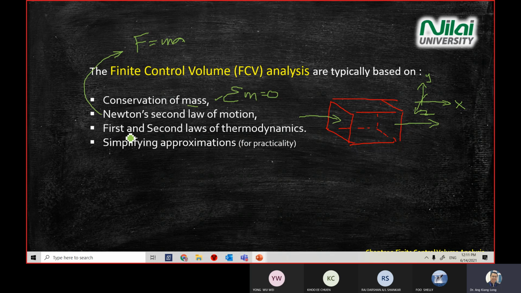And then the third approach, we're going to use the thermodynamics law that you learned in thermodynamics. It deals with energy. The keyword for the third equation is energy. With energy, you deal with internal and external, which we'll look at in detail later on.